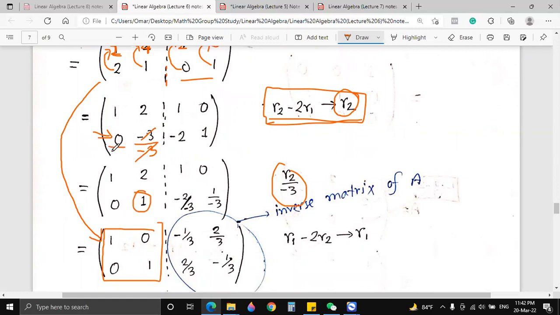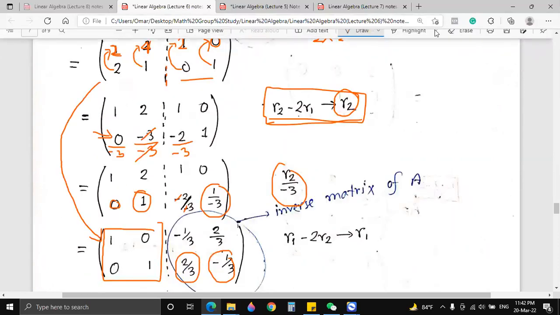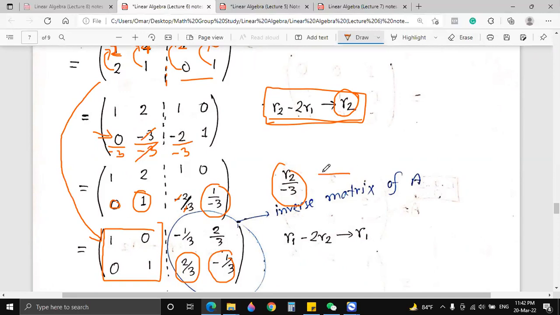And 0 by minus 3 will also make 0, and minus 2 by minus 3 will make 2 by 3. Okay, you can later on just cancel this minus sign. And 1 by minus 3, that is minus 1 by 3. So this was the second operation.